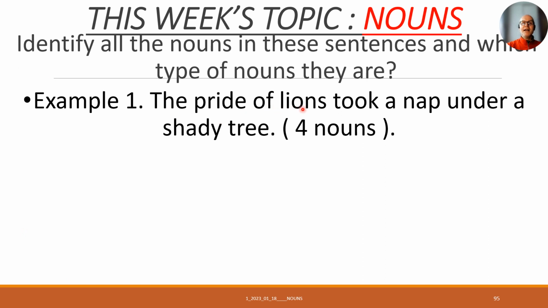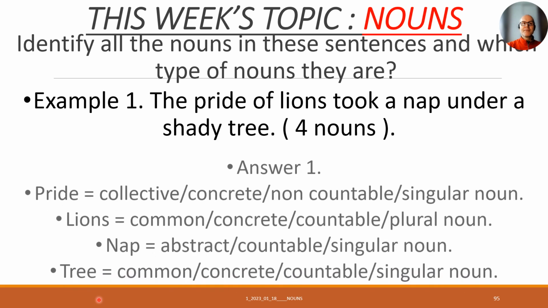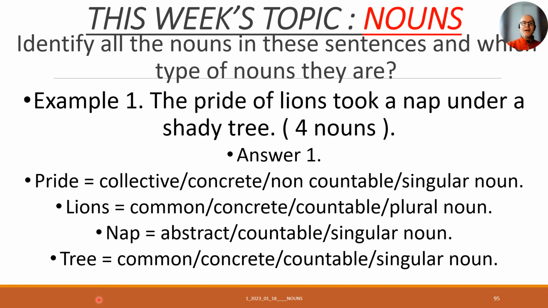The pride of lions took a nap under a shady tree. In this sentence there are 4 nouns. The nouns are pride, lions, nap, and tree.